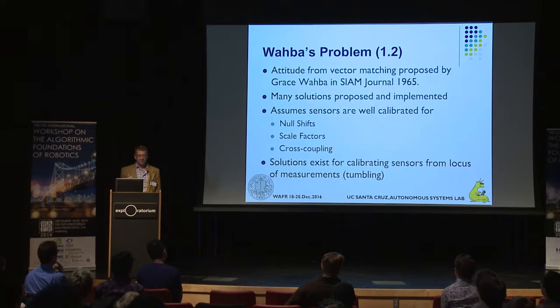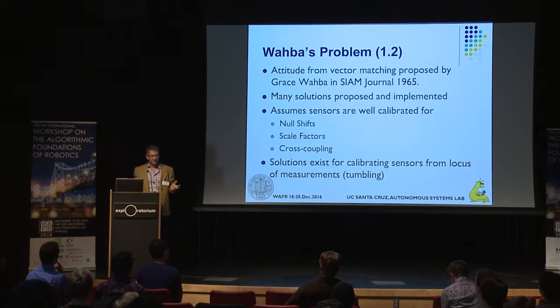And one of the things is, for this to work, it assumes that the sensors have the same coordinate frame, which they might not, and that's the problem I'm addressing here. And that you've well calibrated the sensors, you've gotten rid of the null shifts, you've gotten rid of scale factor errors, you've gotten rid of any cross-coupling in the axes, all the sort of messy stuff where you say, oh, if I have perfect measurements, how do I do it? That's the easy part. The problem is, you don't.